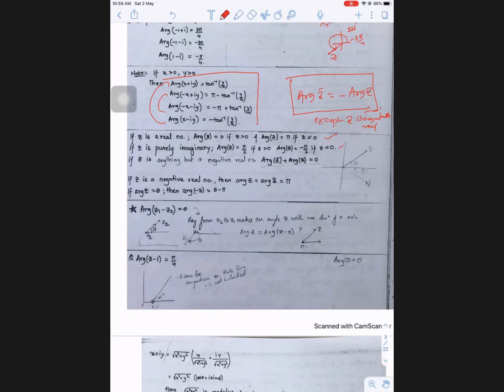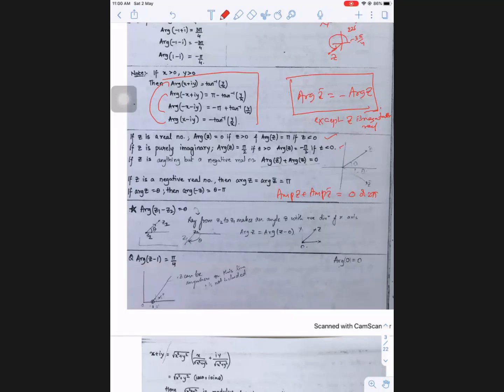So amplitude of z plus amplitude of z bar equals 0 for all complex numbers except when z is a negative real number. In that case, argument of z and argument of z bar both equal pi, so the sum is 2 pi. So amplitude of z plus amplitude of z bar equals either 0 or 2 pi. This 2 pi comes only in one case, when z is a negative real number. In all remaining cases we get 0.